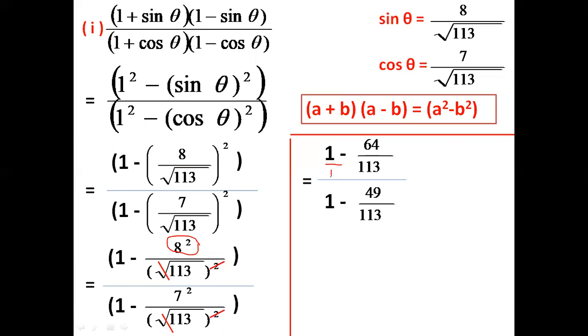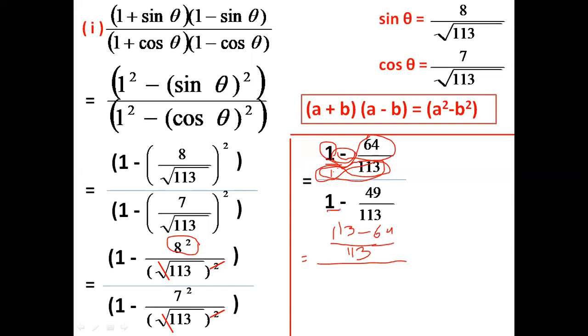So in the numerator, the LCM is 1 into 113, that is 113. Cross multiply, 1 into 113, that is 113. Here minus is there, I'm writing minus. Here 1 into 64, 64.